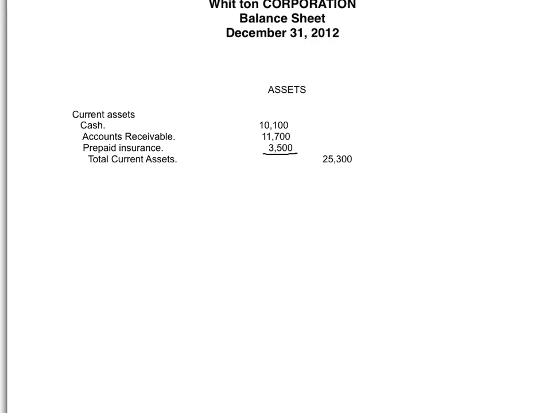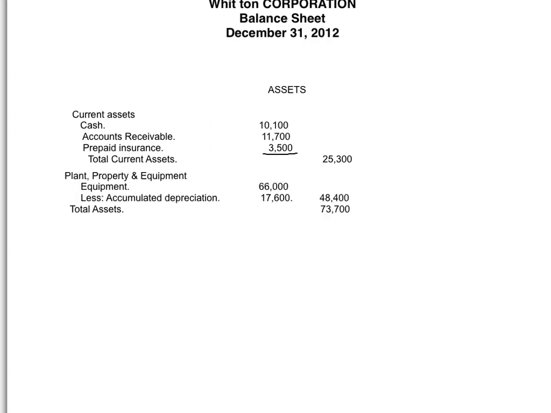The next category of assets for this problem is property, plant, and equipment. Now, for property, plant, and equipment, we only have one account here. It's equipment, and it's $66,000. So we put it to the inside because we're going to subtract from that the accumulated depreciation. And accumulated depreciation is $17,600.